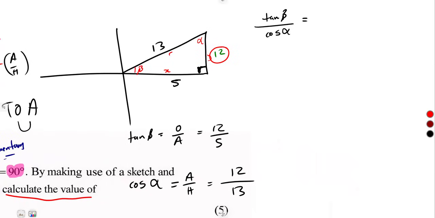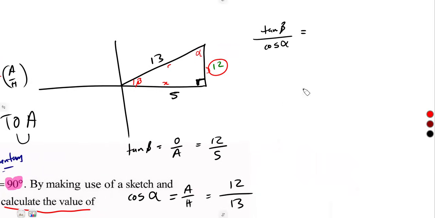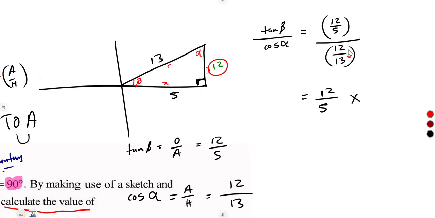So these are the two that you need here. The tan of beta, which is 12 over 5, over the cos of alpha, which is 12 over 13. All right, so this is a division, guys. We can simply multiply. The moment we do that, we invert the second fraction, we swap, we interchange that. So it's going to be 13 over 12.